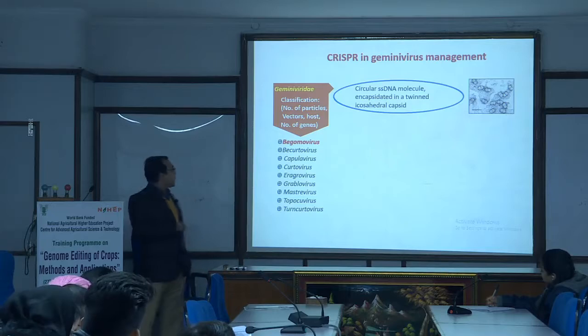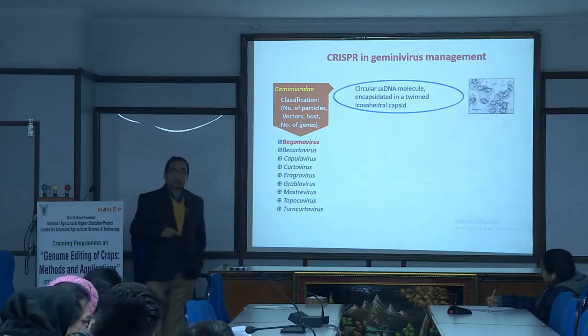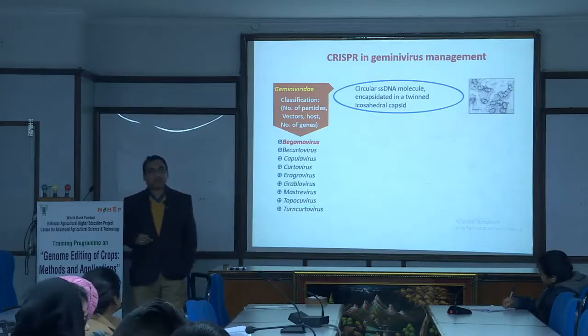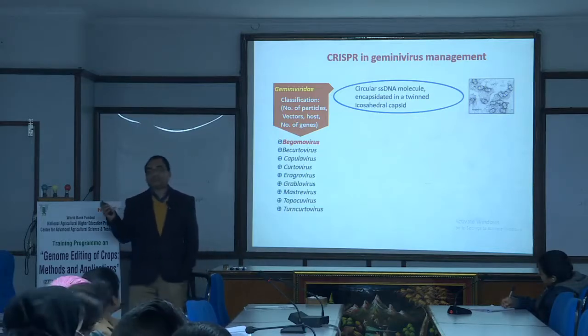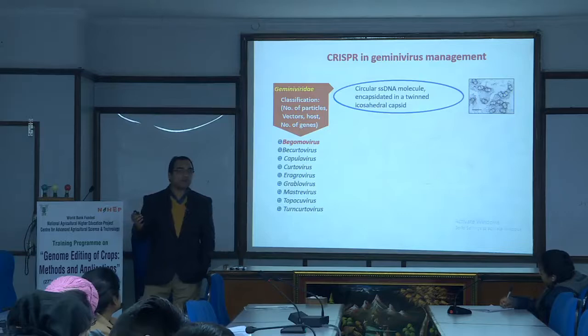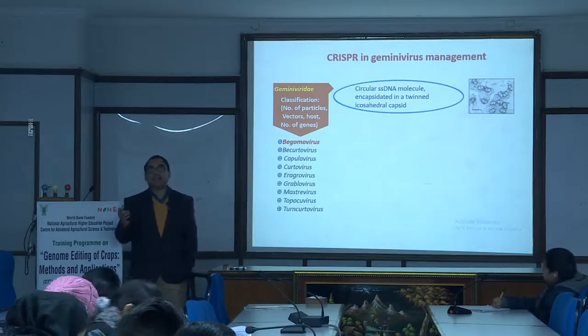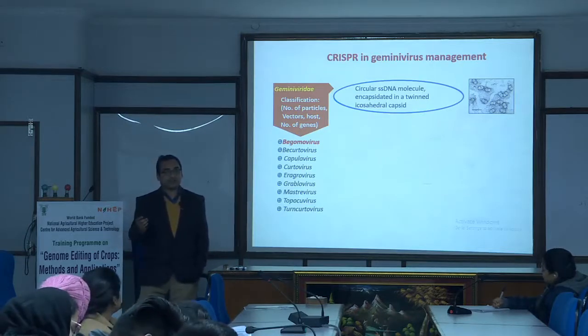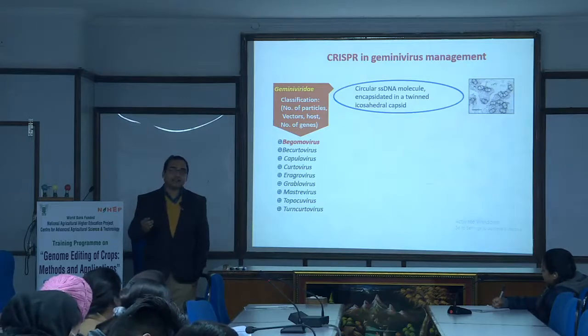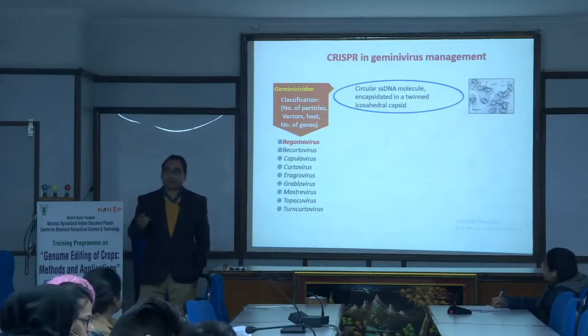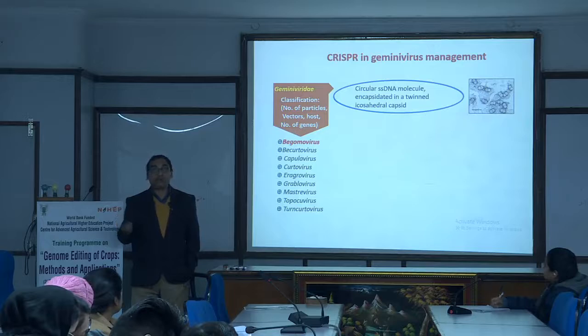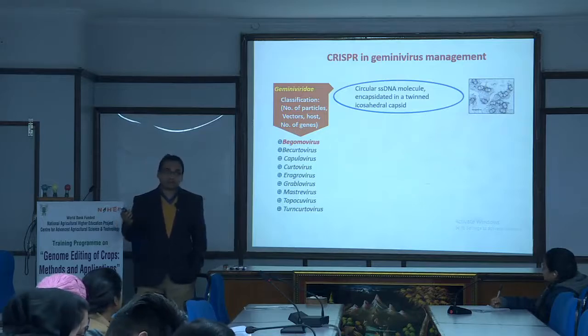Among all these genera, Begomovirus is the most important, and they have a total of 388 species at present. They are the largest genus, containing the largest number of species among all the viruses, whether it is human, plant, animal, anything.